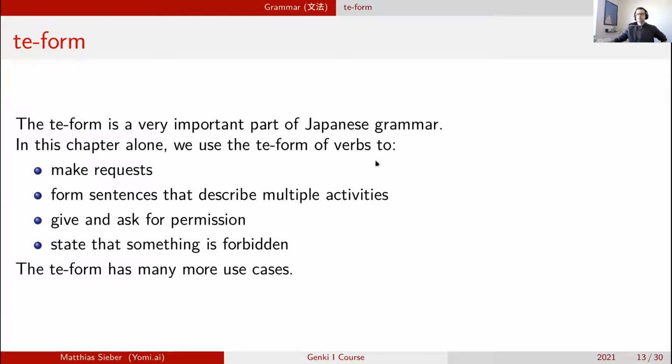And there are more usages of T forms, actually for verbs, but you also have a T form for adjectives as well. But this chapter deals with just the T form for verbs. Okay, so how to conjugate them?